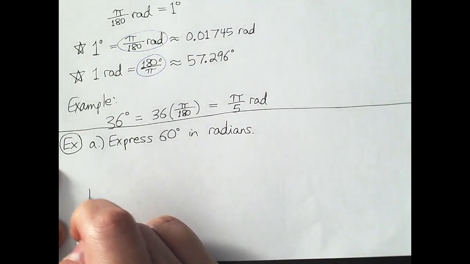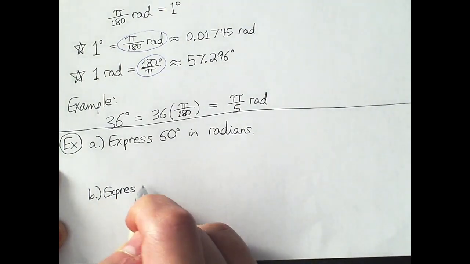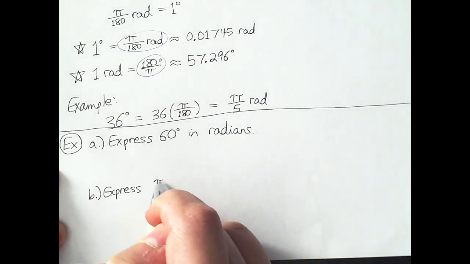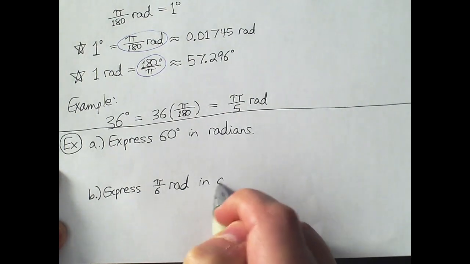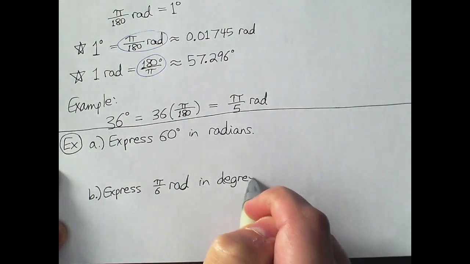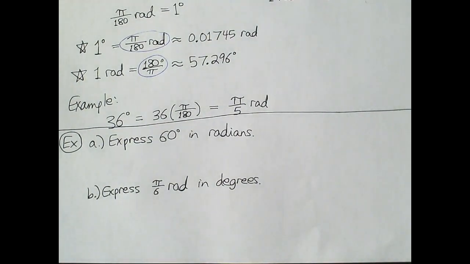Part B. Express pi over 6 radians in degrees. And before you try this, I'll do the first part for us. Or you could pause and do both parts if you want.